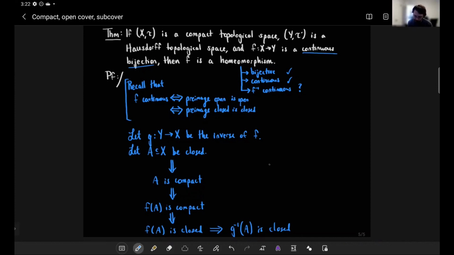I mean, for that reason, you know, the real line is not homeomorphic to some closed bounded interval. Not homeomorphic because this guy is compact, this guy is not, assuming the Euclidean topology.